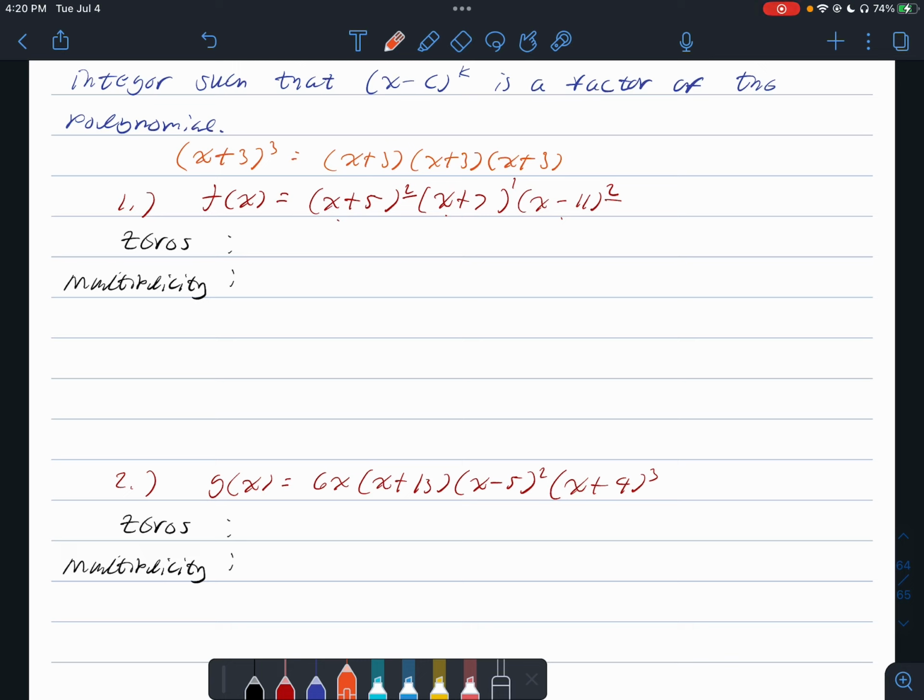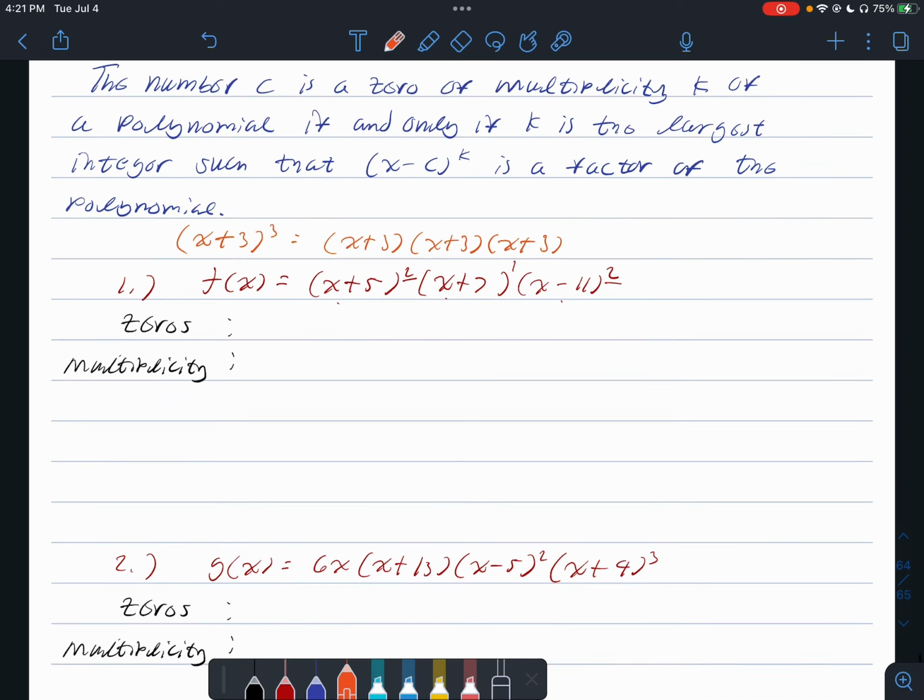Later, when we're graphing these functions, this is going to become really helpful for determining how the graph is supposed to look. So let's do this example. We have f of x is equal to (x plus 5) squared times (x plus 7) to the first times (x minus 11) squared. The first thing we do is find the zeros.